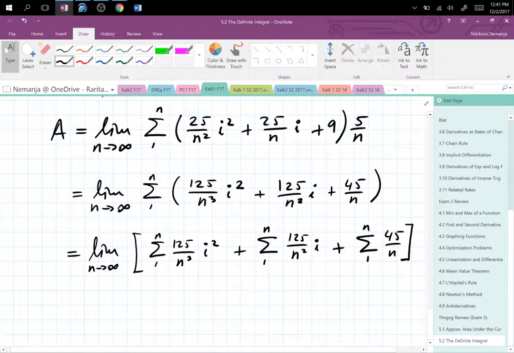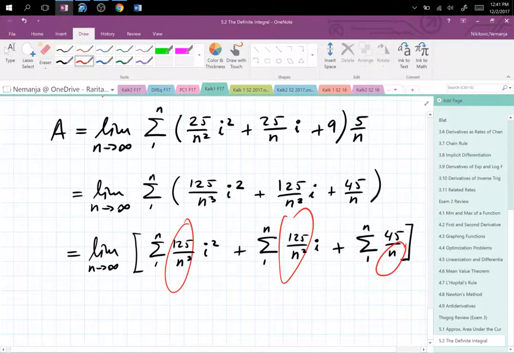In order for us to use the formulas, we have to get rid of all of the non-i terms. Over here we have a constant 45, so we can use the formula for a constant. I mean, you can technically kick everything out and leave 1 and then just say n, which gives you the same.